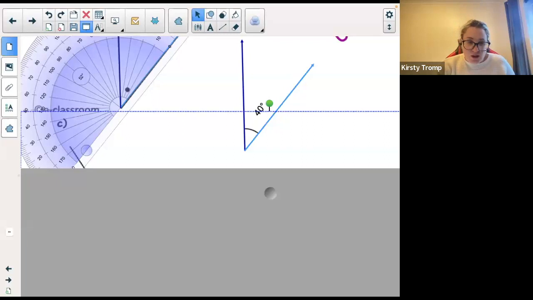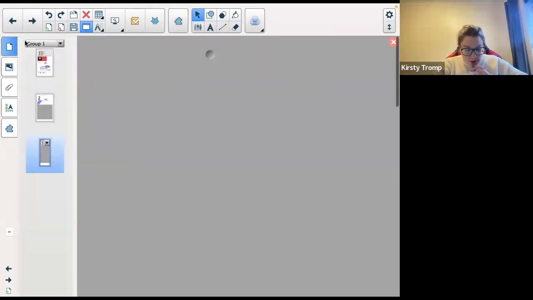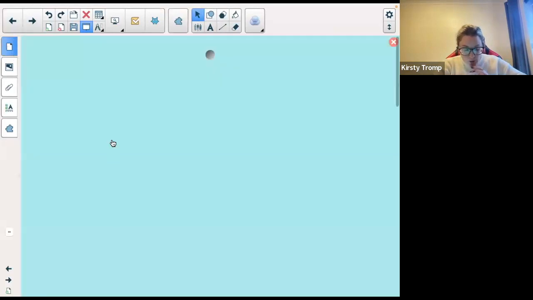All right, guys, so hopefully you can see that you're allowed to move that protractor all the way around. We are going to move on and have a look at what we're going to do in tonight's lesson. So that was all about measuring angles.